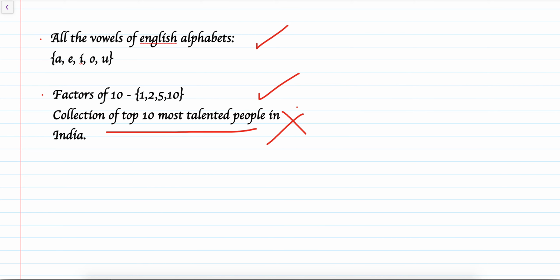So now moving forward, sets are usually defined by capital letters. Like here, we have defined the set of vowels, so we can denote it like this: capital V, and then write equal to. And there are a couple of rules. First, I said that usually we define a set by capital letters. Then we include the elements of the set in curly braces. So this would be the correct way of defining a set.